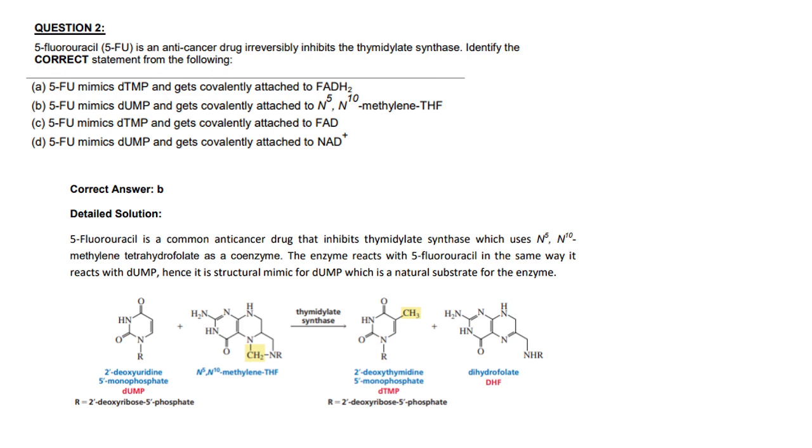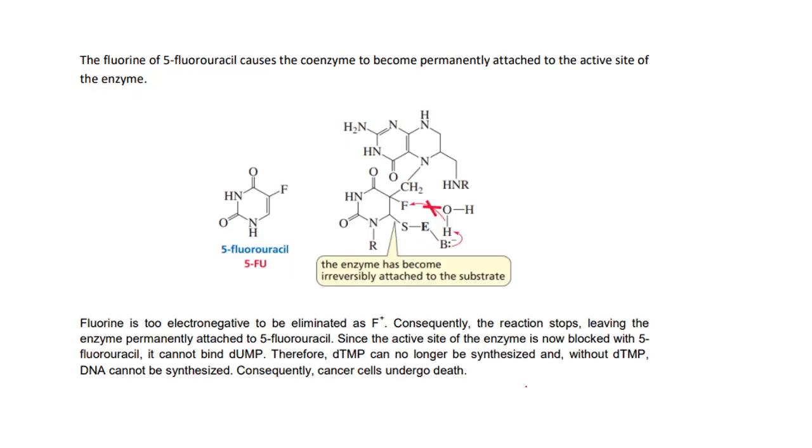So here is the structure of dUMP, and this is N5,N10-methylene THF. Thymidylate synthase converts this dUMP to dTMP and gives tetrahydrofolate to dihydrofolate.